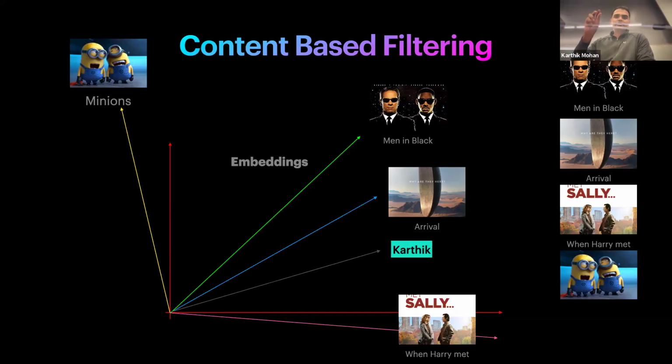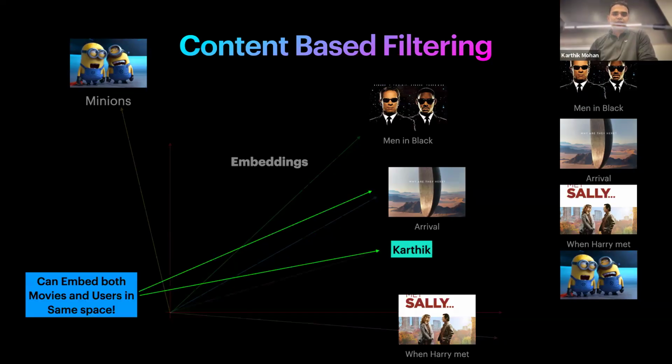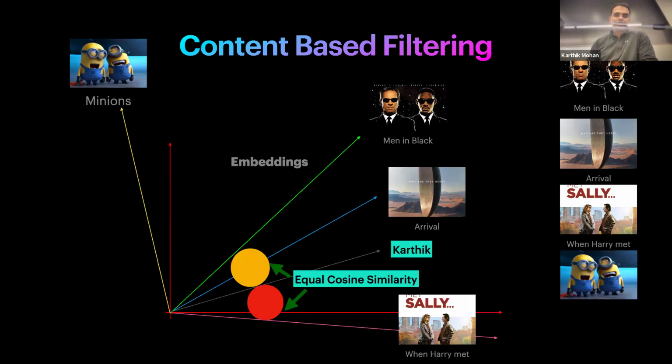So we looked at embeddings of movies in the same space. You can also embed users in the same space. This is the same idea as the user movie factors. They can be in the same space for comparison, right? So not just movies, I can also embed users. And then I can ask the question, do I like this movie? Do I like that movie? For example, I can like Men in Black as much as I like When Harry Met Sally, although When Harry Met Sally and Men in Black are orthogonal.